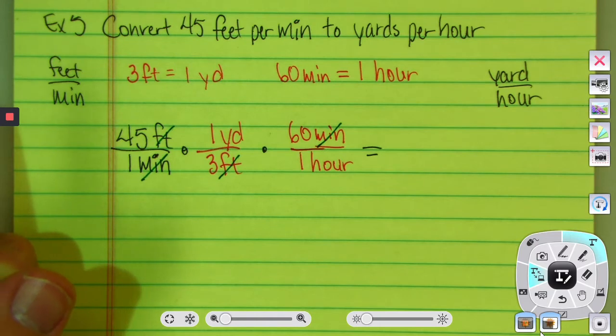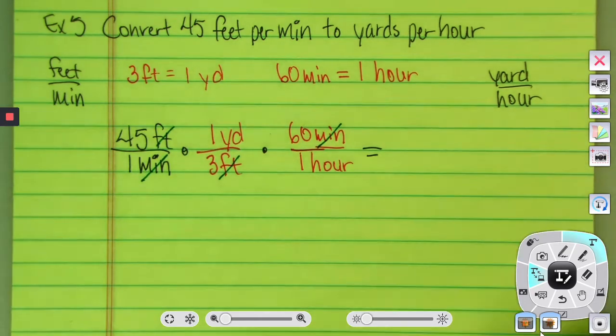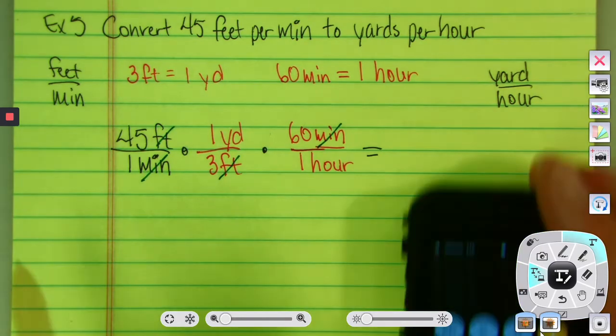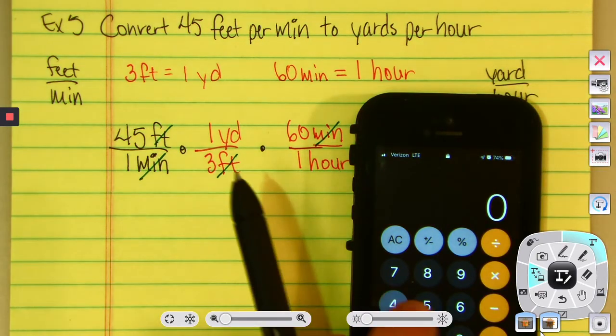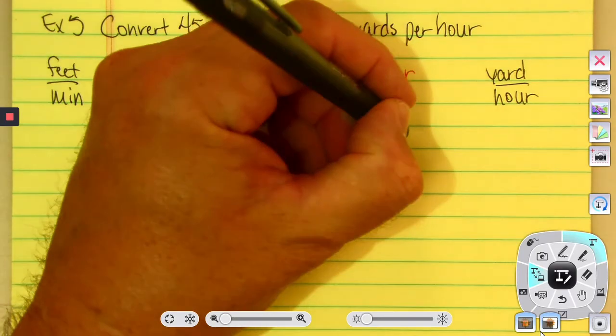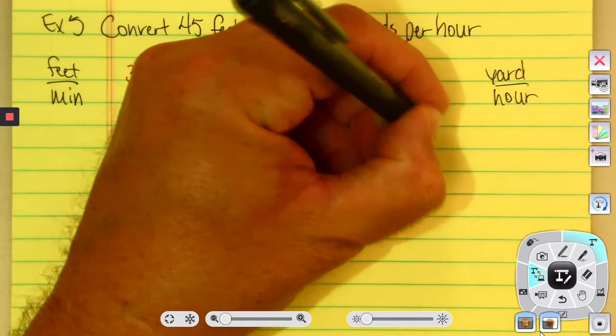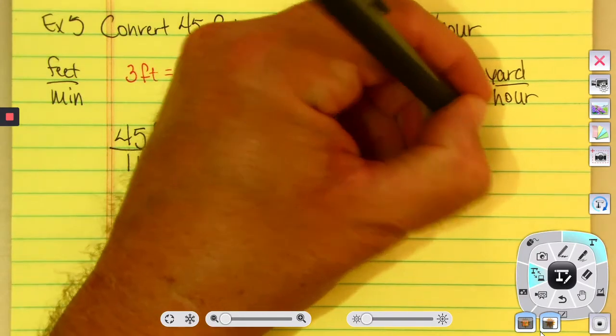All right, that works. So I need to multiply 45 times 1 times 60. Well, to do that, I probably need some kind of a calculator. So 45 times 60, that's 2,700. I'll put that in the numerator. I'll cancel feet, minutes. I'm left with yards, which is what I want to have.